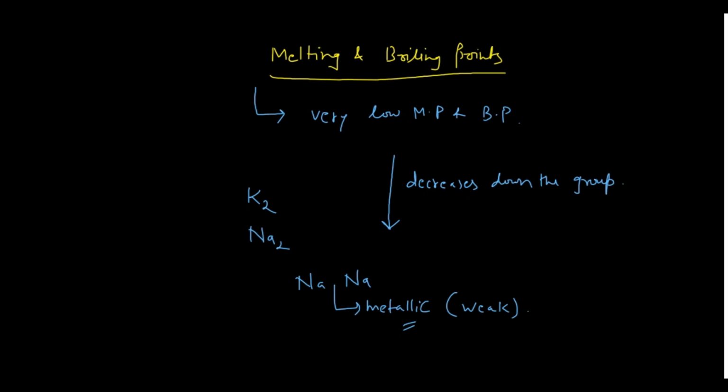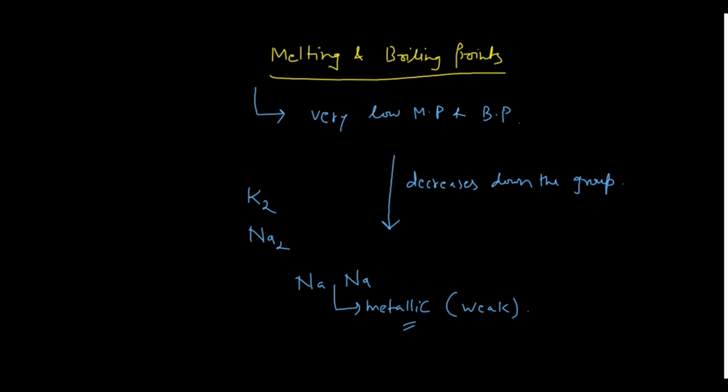The weakness of the metallic bond increases as we move down the group, because when the size increases, the weakness of the bond also increases.